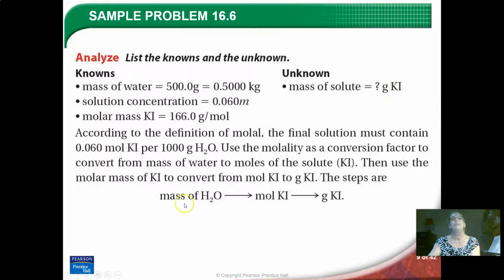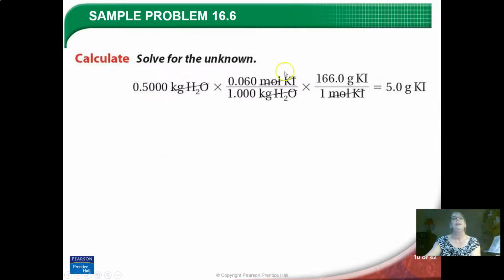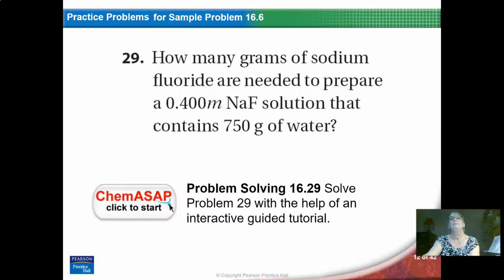So we're going to do this process: mass, moles, grams. We have 0.5 kilograms of water, we have 0.06 moles of KI in 1 kilogram, that's our molality, and we know the molar mass. That gives us the grams of KI we need to put in that solution. So you can try this one for a molal solution.